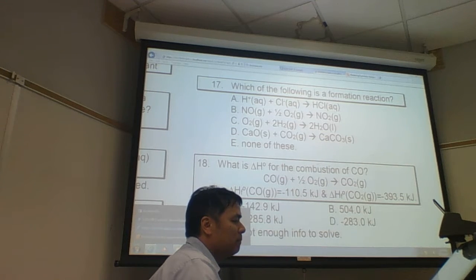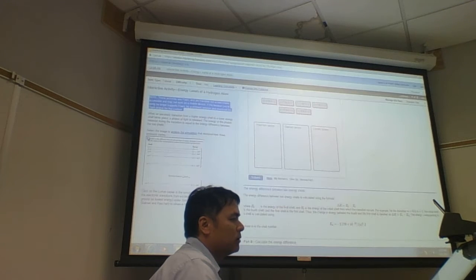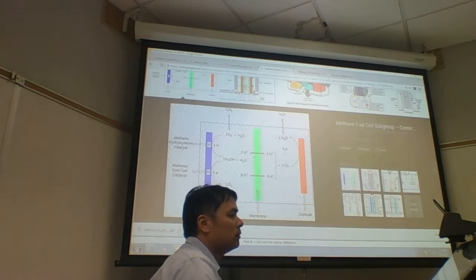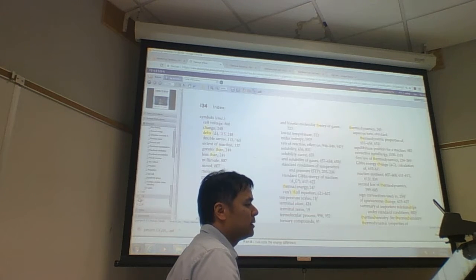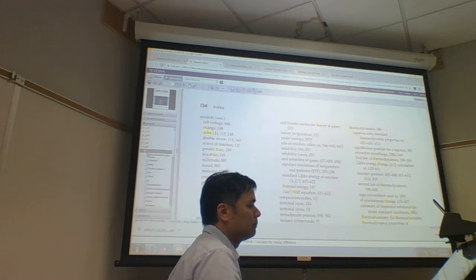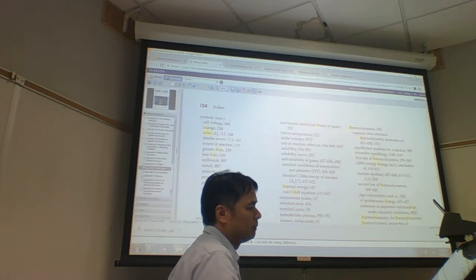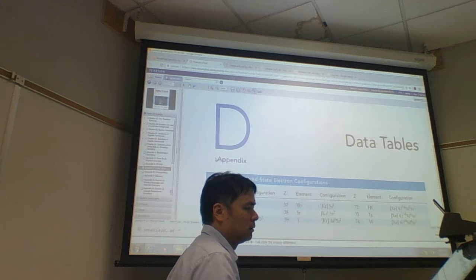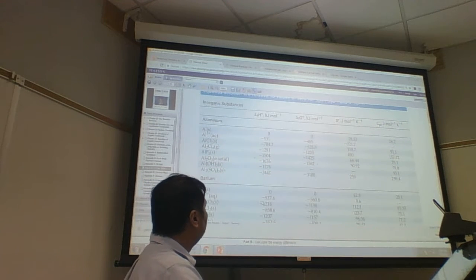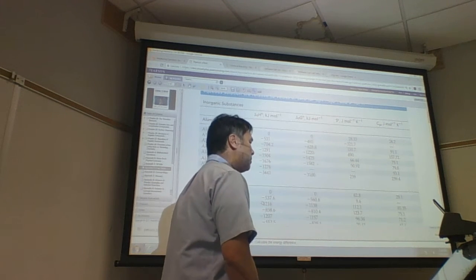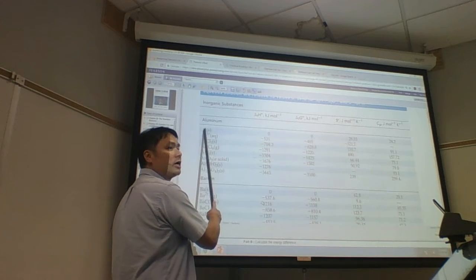So let's take a quick look at this. If we look at Appendix D, the reason why you have to have that definition memorized is because they don't show you the reaction here.